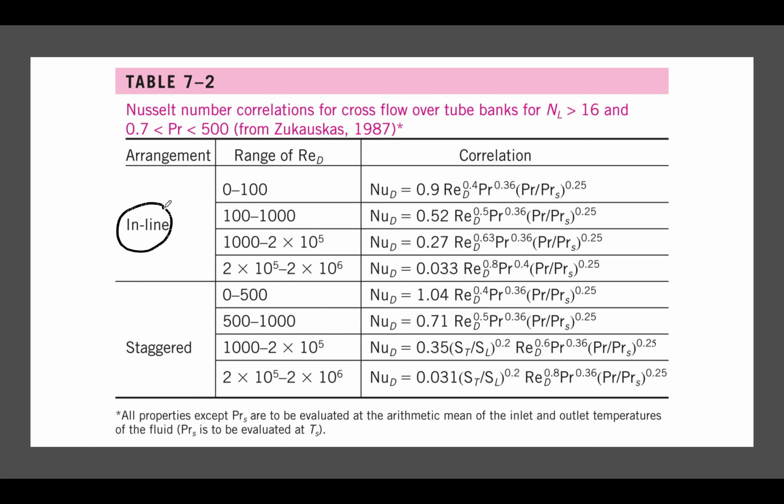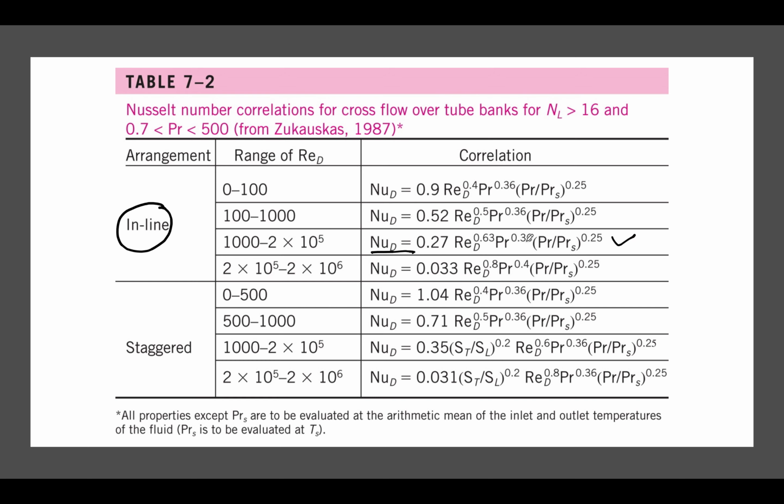Therefore, we take a look at the inline arrangement. You already determined your Reynolds number, and the range is between 1000 to 2 times 10 to the power of 5, because your Reynolds number is about 5000. Then you have to use this equation.